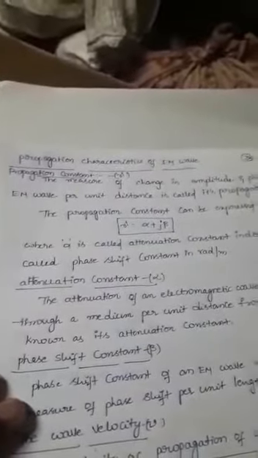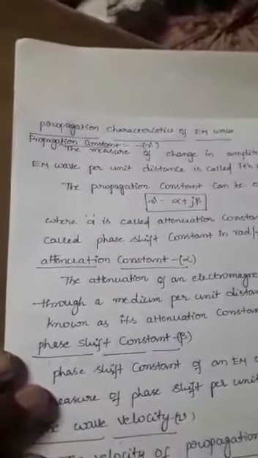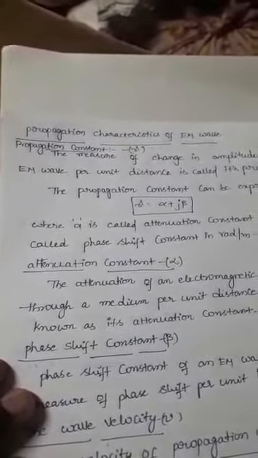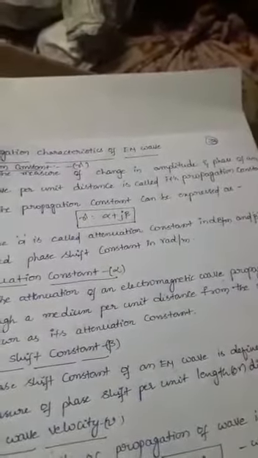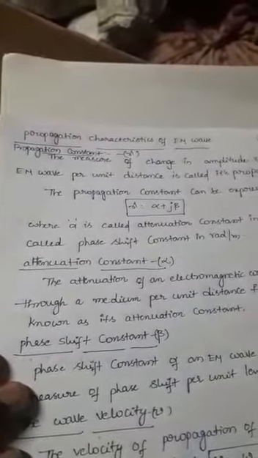How to define this propagation constant? The propagation constant of an EM wave is the measure of change in amplitude and phase per unit distance.